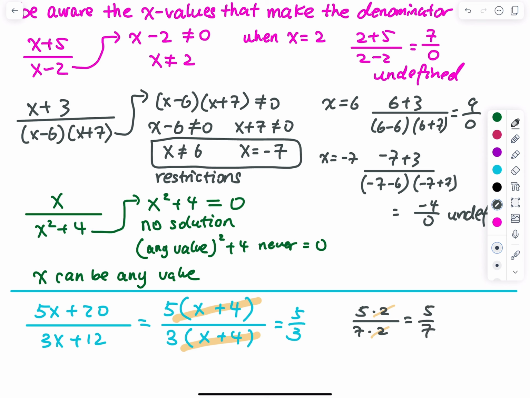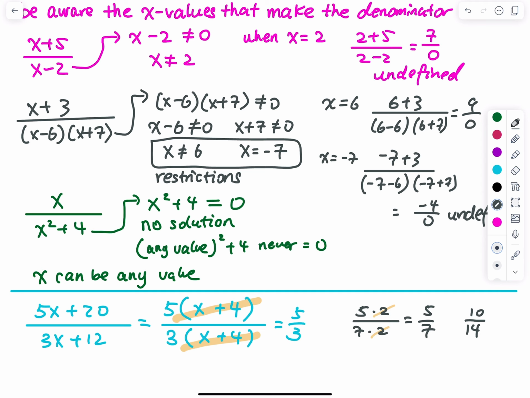Or you can multiply them and have 10 over 14, and reduce the fraction like that. So either way is fine, as long as the top is all multiplication and the bottom is all multiplication. That means I have a 5 multiplied by a factor, and a factor means a parenthesis, 3 multiplied by a factor. That is what I mean by all multiplication.